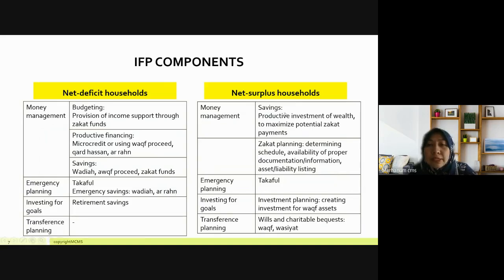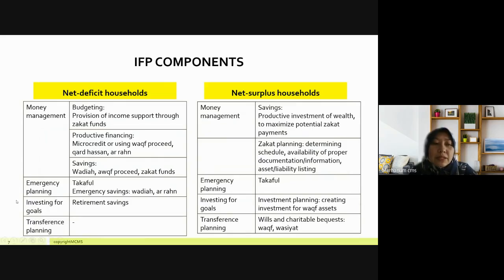And then for the net surplus household, their emergency planning is takaful. So takaful plays a role for these two types of groups of households. Okay, micro takaful for the low income households, and a normal takaful plan or scheme for the net surplus households. So that is why takaful is needed for emergency planning, for us to plan our financial aspect.